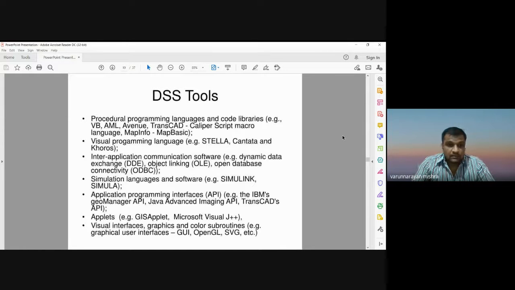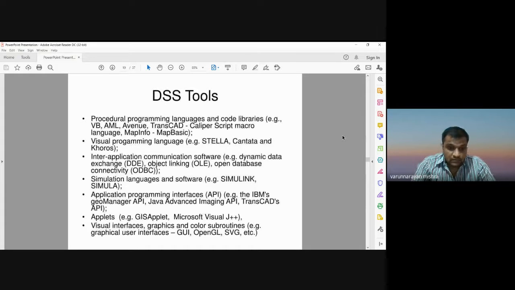There are some inter-application communication software: Dynamic Data Exchange, Object Linking, Open Database Connectivity. There may be some simulation languages and simulation software, like Simulink, and you can also use different programming interfaces like IBM's GeoManager, Java Advanced Imaging API, applets, GIS applet, Microsoft Visual.